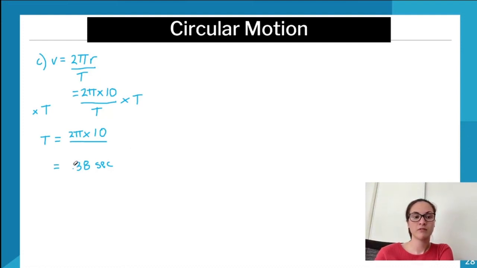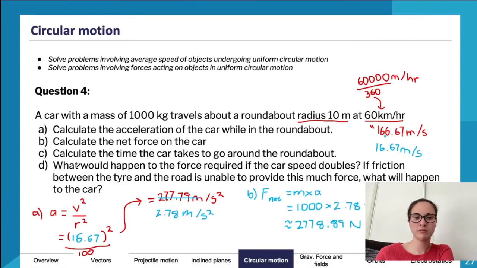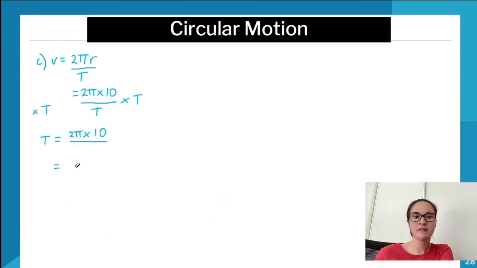So I'll just get rid of that. So what was it again? It was 1 point, wait, why? Oh, it is, sorry. 16.67, yep, okay. And this was not squared. Don't know why, I just did a little dot there. Ignore the dot. 16.67.